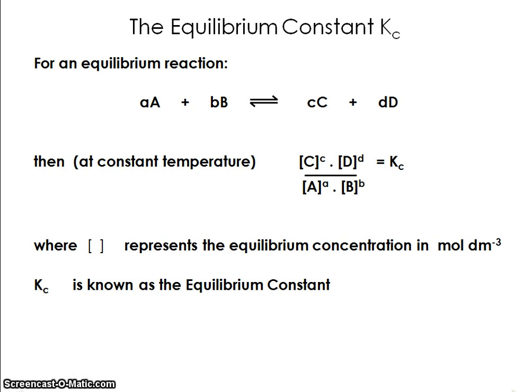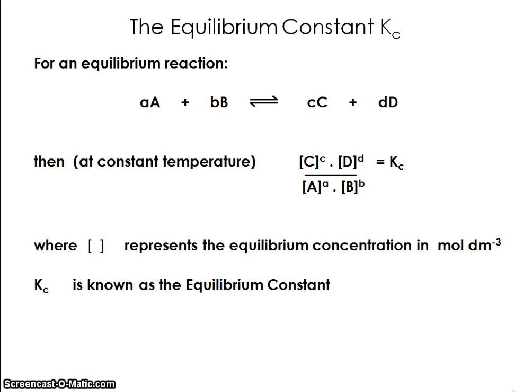So if this was our chemical reaction and it's a reversible reaction, then at constant temperature, Kc, which is the equilibrium constant, would be equal to the concentration of C raised to the power of the small letter c times the concentration of D raised to the power of the small letter d, divided by the concentration of A raised to the power of small a times the concentration of B raised to the power of small b.